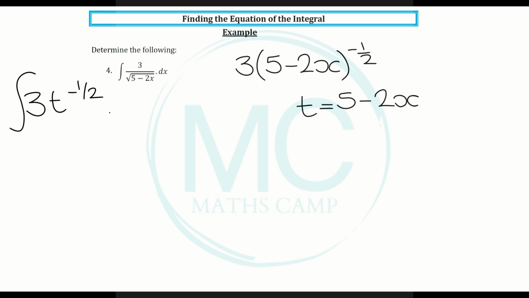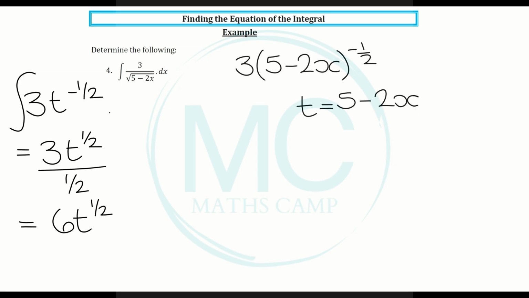Let's integrate the equation, and I'm going to get 3t. Negative 1 over 2 plus 1 gives me positive 1 over 2, over 1 over 2. 3 divided by 1 over 2 gives me 6. So this becomes 6t with an exponent of 1 over 2. Now I need to differentiate this side. So I'm going to get dt over dx is equal to, the constant falls away, the x term becomes the new constant, which in this case is negative 2.